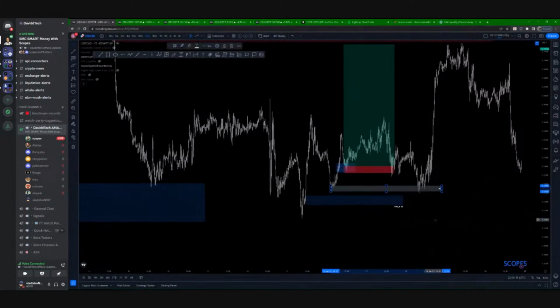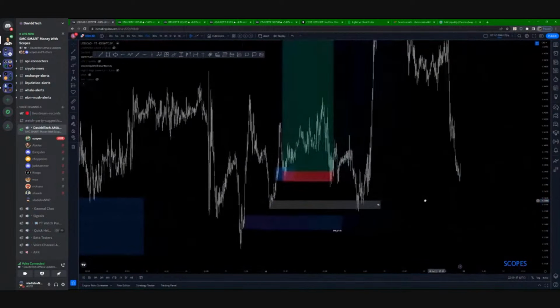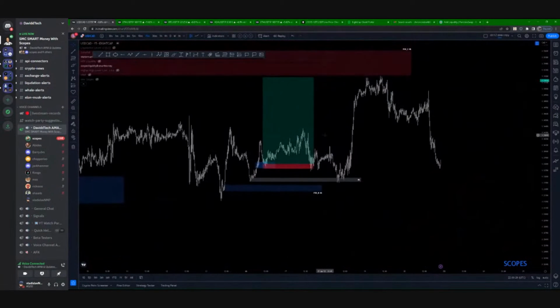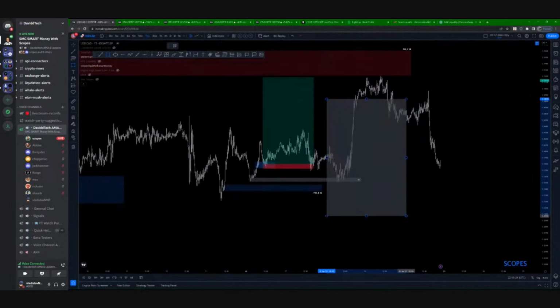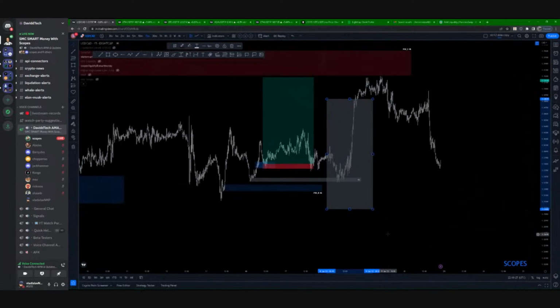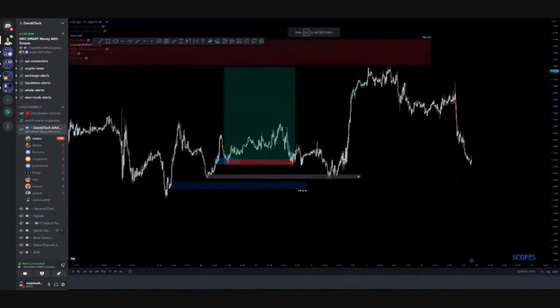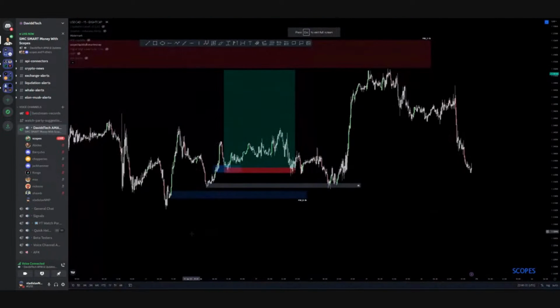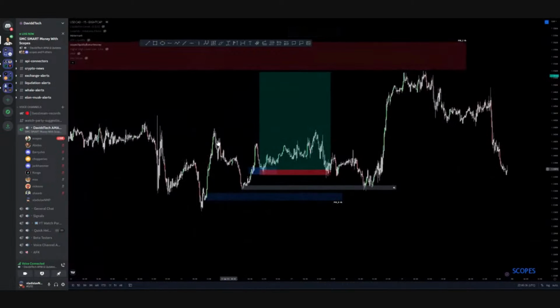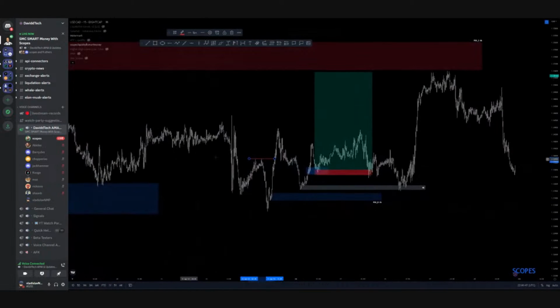I do have my phone on me and I do check it, but it's not very good on a phone, so it's not very ideal. So for this, I did get in here. We had a break of structure here. We had a break down and then a break back up.